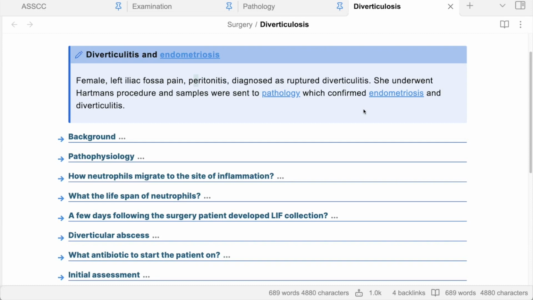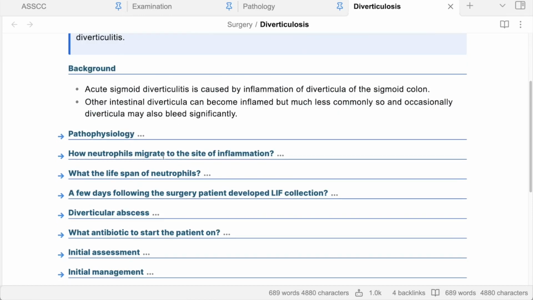Other than the sigmoid colon, the colon is covered by the external longitudinal layer of the muscularis propria, but in the colon there is the tinea coli, which is formed of 3 bands. So the increase of this intraluminal pressure leads to increased contractions with sequestration of the bowel segments, and this is enhanced by a low fiber diet and reduced bulk stools.